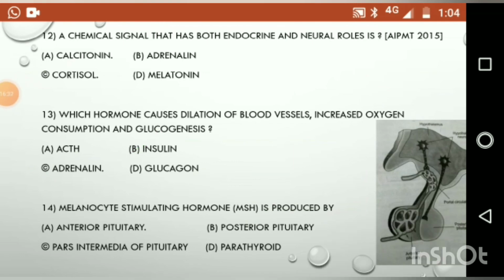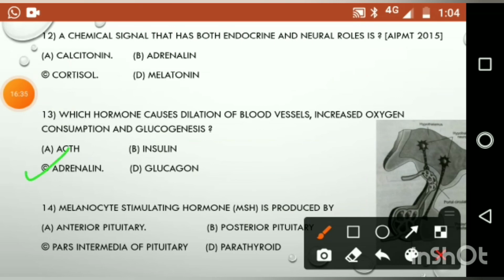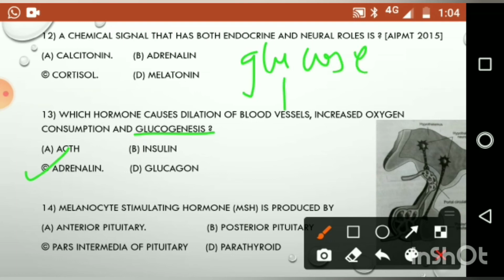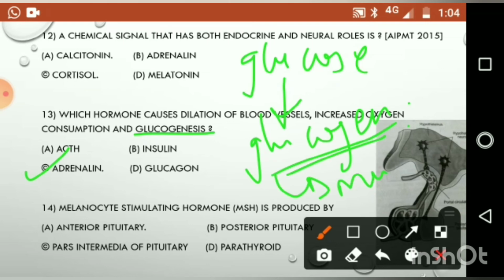So he will convert glucose into glycogen, and he will store this glycogen in muscles and the liver. That process in which insulin stores glucose in the form of glycogen in muscle cells and liver cells is called glycogenesis.